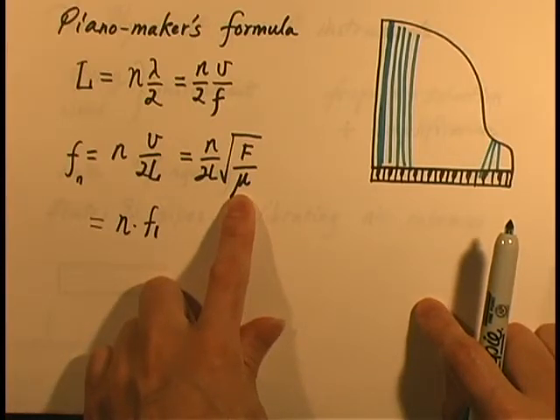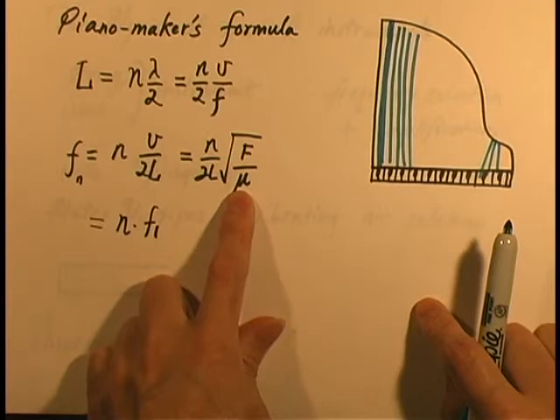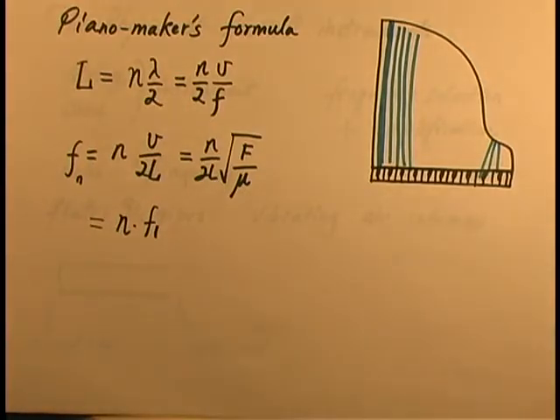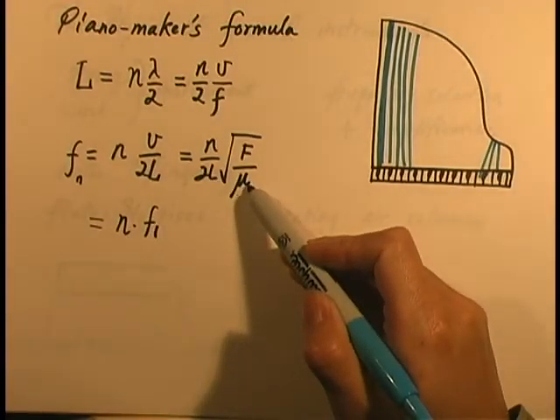Now L is fixed once the piano string is already in place. Mu is also fixed, because for a particular string, mu is never going to change. So if you play this particular key and find the frequency is not right, how does one possibly adjust that? In other words, how does one tune the piano? You cannot change L or mu unless you change the string itself.